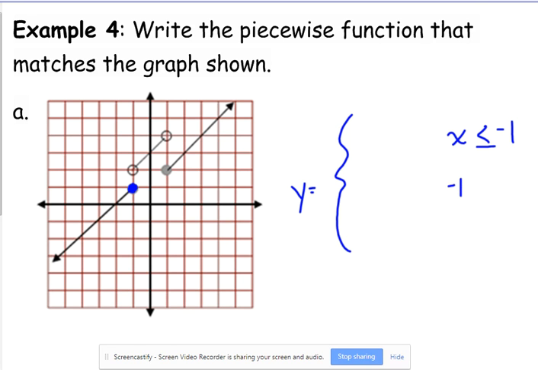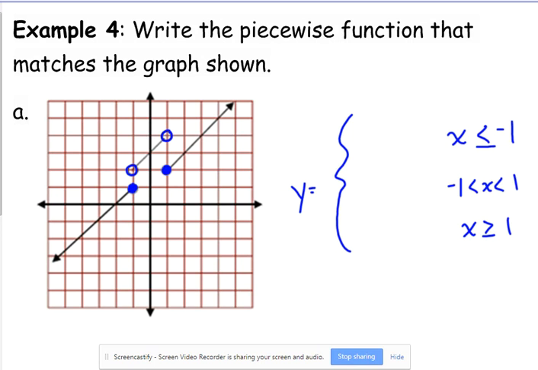Then we've got between -1 and +1. Neither of those get equal to's because those are both open circles. And then we've got x is greater than or equal to +1, equal to because that is a filled-in point.